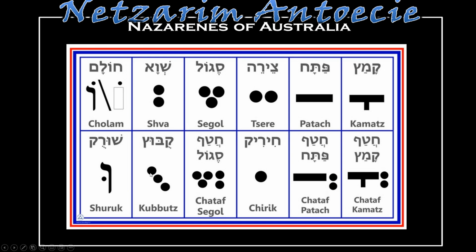Shuruk, short U. Kubutz, a longer U. And then we have a combination called a chataf segol, with the sheva and the segol. Then we have chirik, that's the I sound. Then the chataf patach. After the sheva, we have the shorter A sound. And then we have chataf kamats. So after the sheva, we see we got a longer A sound.